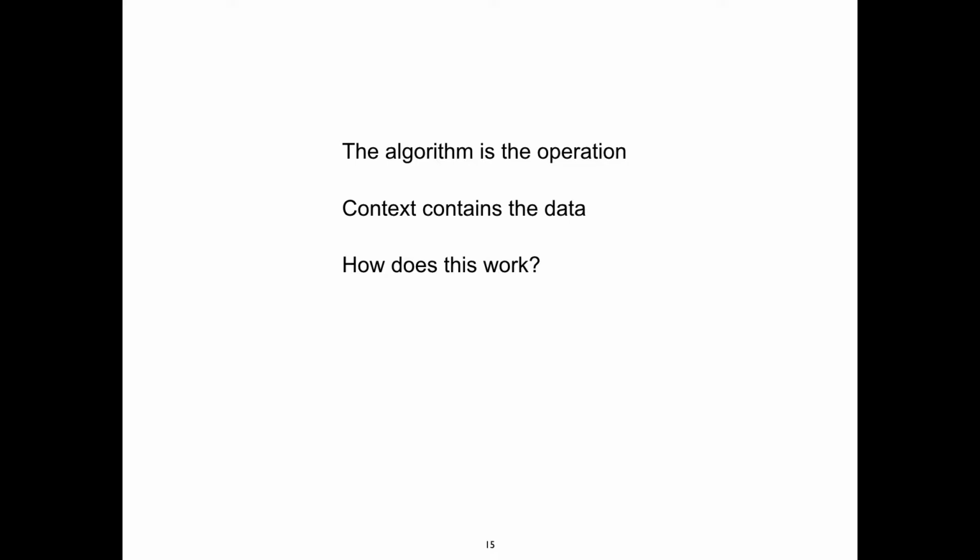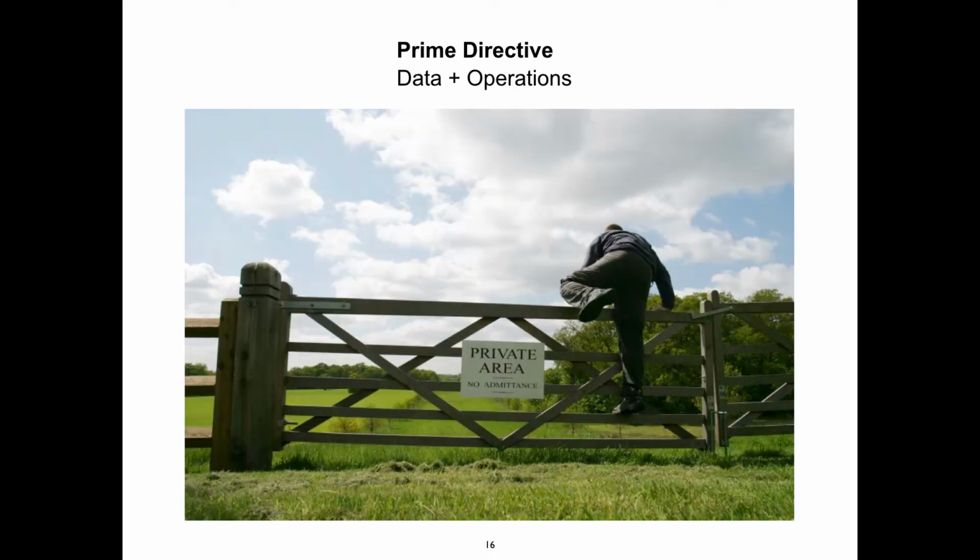Right? So now the problem is, the algorithm does some work for us, but the data the algorithm is going to use is in the context. And in assignment one, I beat you over the head by saying the whole point of object-oriented programming is we have a construct which holds both the data and the operations.